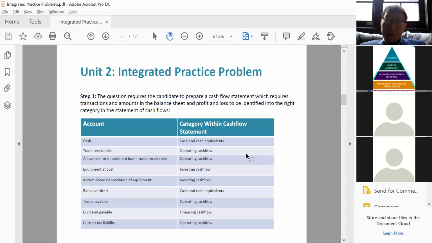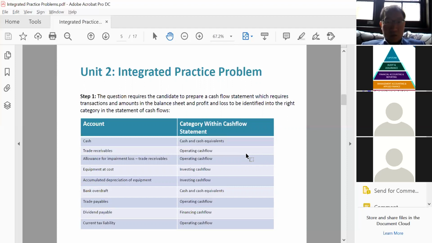So, like I said earlier, the initial problem looks quite intimidating, but it doesn't have to be like this. In fact, what we're going to do is break it up into different segments. So the first step is to think about, well, this is ultimately a cash flow statement problem. And so it probably makes sense to think about which accounts impact which part of the cash flow statement.